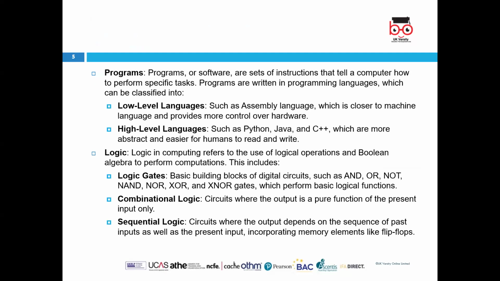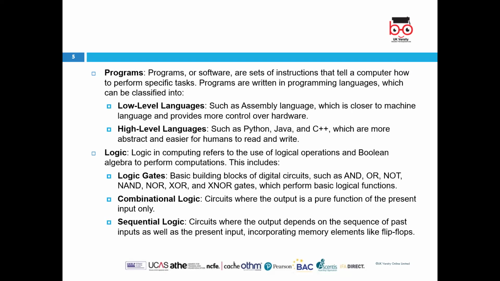Also, we have programs and software, which we all know are a set of instructions that have been given to our computer through our compiler. Low-level and high-level programming languages, we have already explained in our computer programming unit.